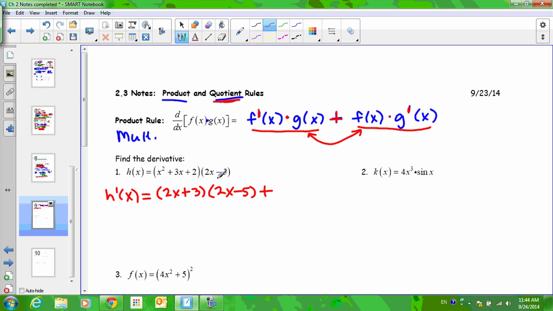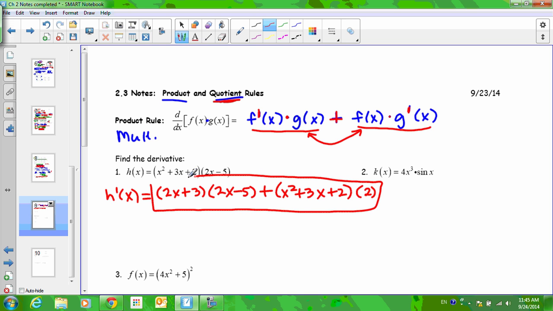Plus, now I get to just write the first group and take the derivative of the second group, which would just be 2. The best thing is we're just going to leave our answers just like this. On the AP test, you can leave your answers unsimplified, totally fine. Same thing on my test. If this was multiple choice, you would need to simplify, okay? But that's not for this lesson today, so we're just going to leave our answer like that.